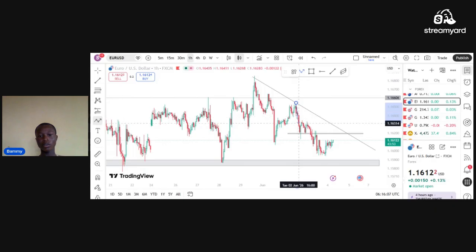The market is coming all the way from here, touches here, bounces back, comes back to that place again, bounces back, and later breaks it. And after that the market goes back to retest it again before it continues downward.